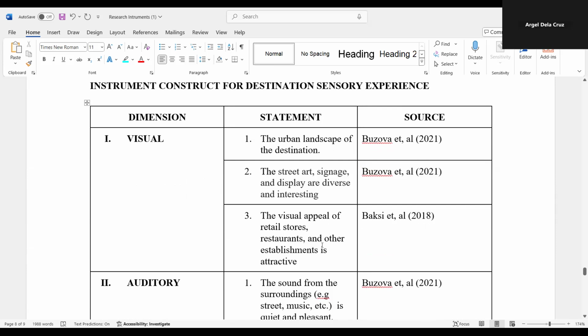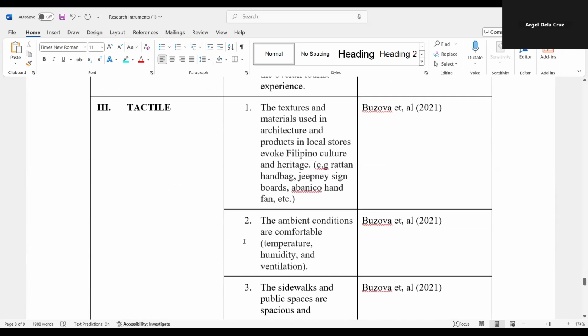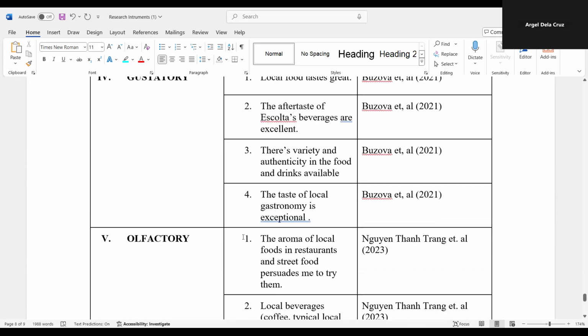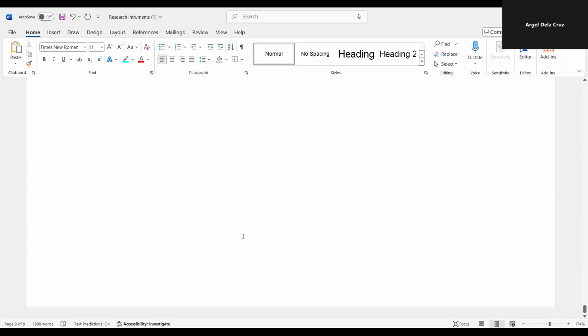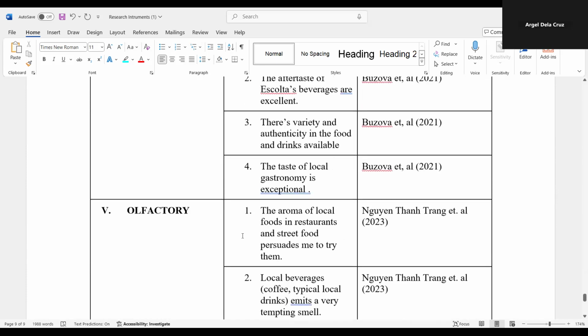So, these are also cited from the study of Busova and Baxi. So, they gather this measurement since it's a multisensory. Then, they have combined it with the existing literature. Okay. So, for short, madaling i-check to kasi adapted siya with A. So, madali siyang i-check.